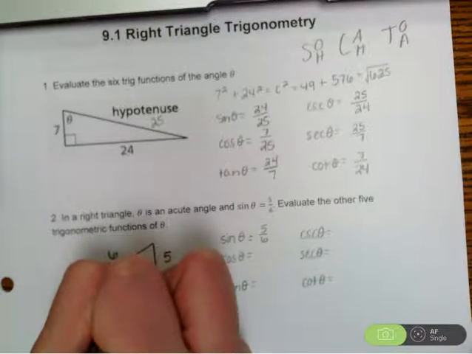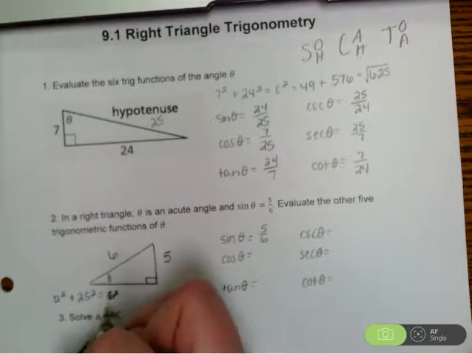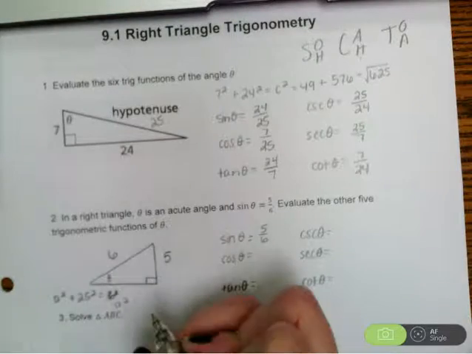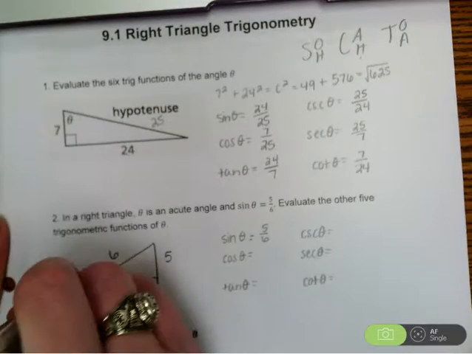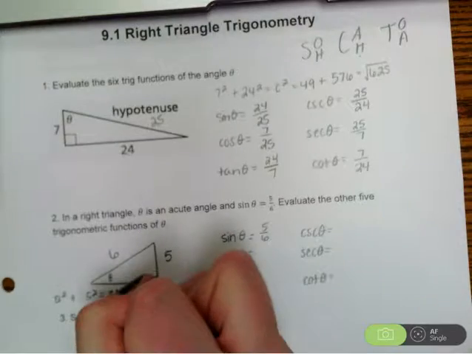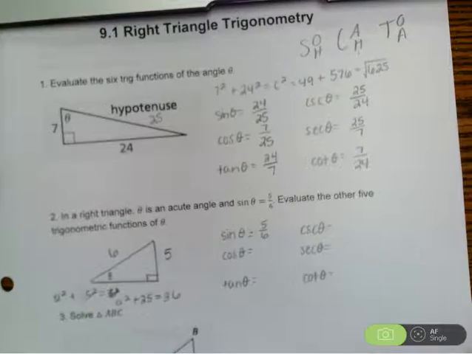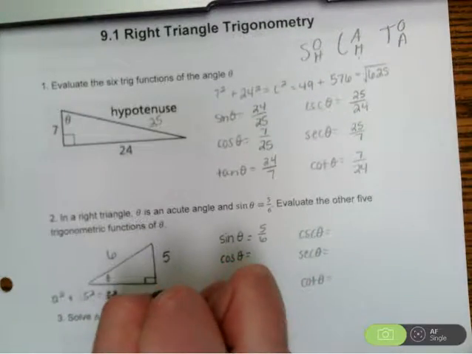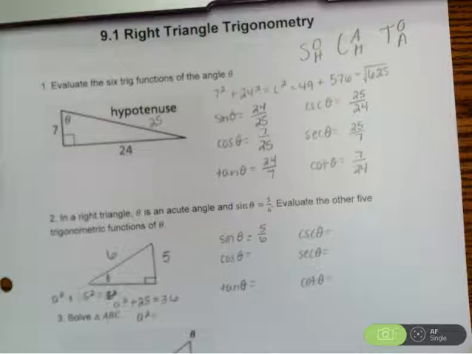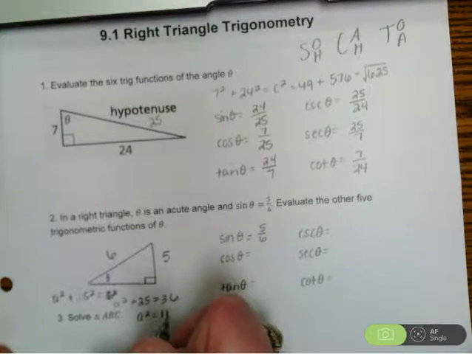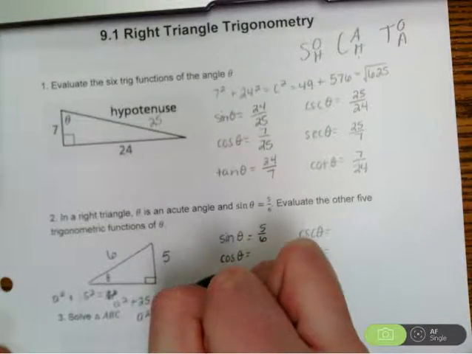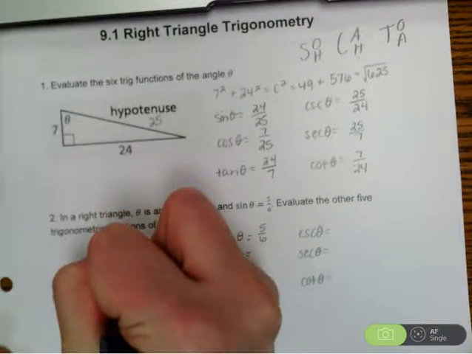So 6 squared. Sorry, this should have been 5 squared, not 25. I was getting ahead of myself. A squared plus 25 equals 36. Then a squared is 36 minus 25, which is 11. So a is the square root of 11. This side is the square root of 11.